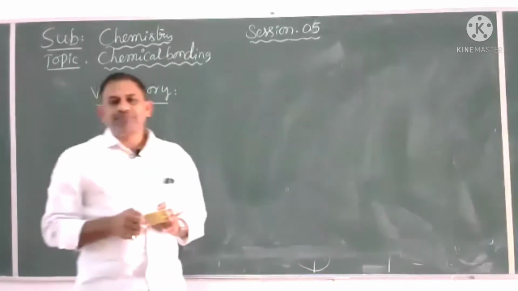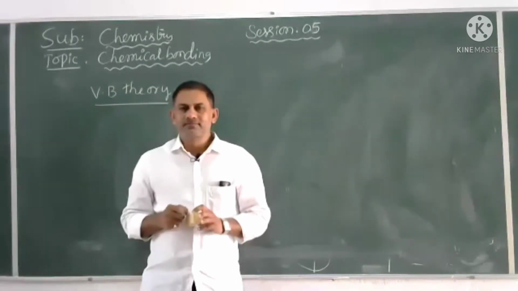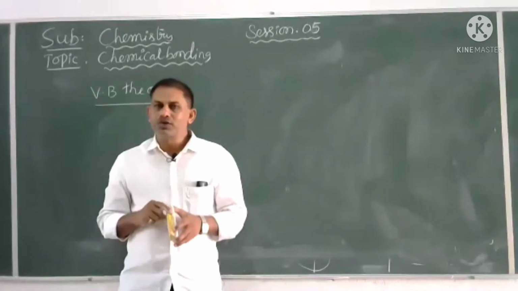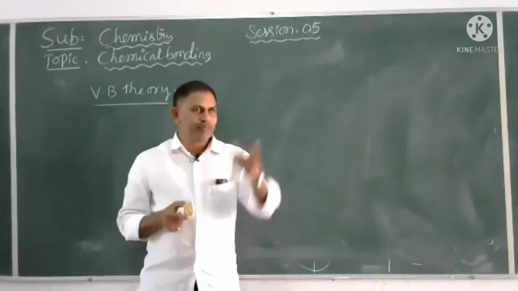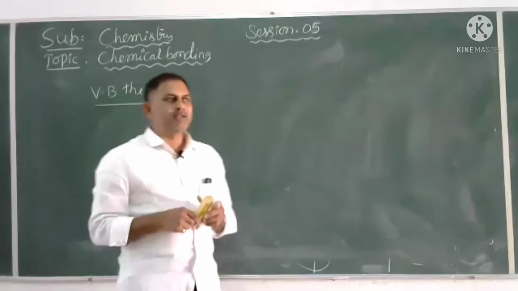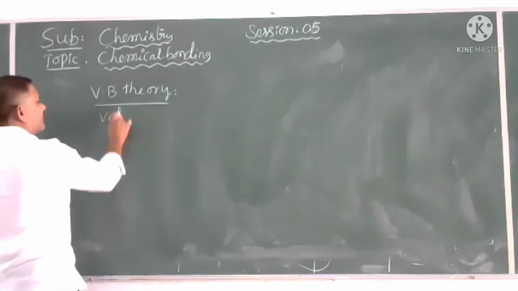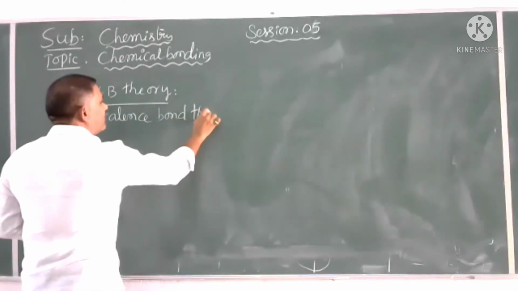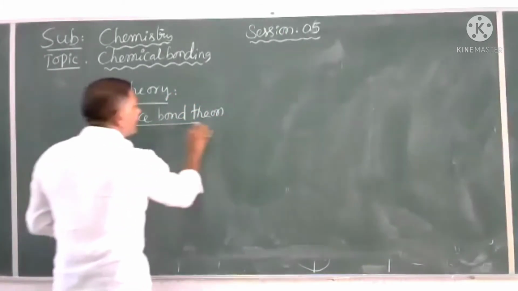To explain bond parameters like bond length, bond angle, and bond energies, shape of the molecule, four important members introduced one of the most important theories, that is valency bond theory.